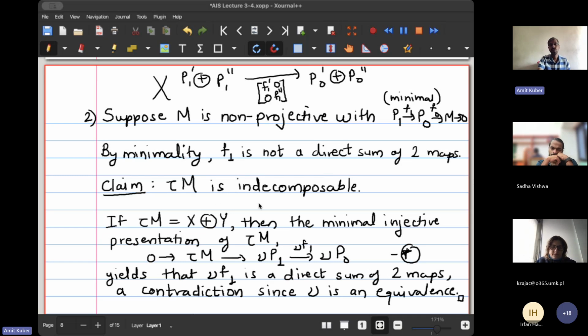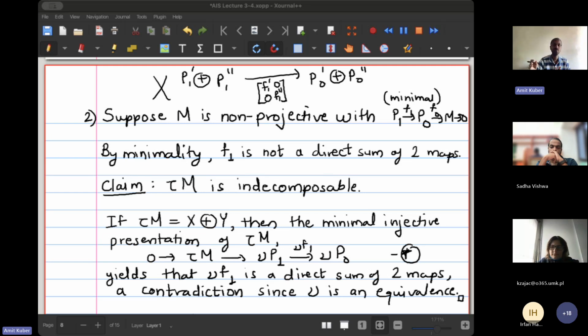and because of this observation, we can prove that tau M is indecomposable. Because if it is not, then the minimal injective presentation of tau M, which is 0 to tau M to nu P1 to nu P0, yields that nu F1 is a direct sum of two maps. Yeah, because there should be something separate for X and something separate for Y. So that map is a direct sum.